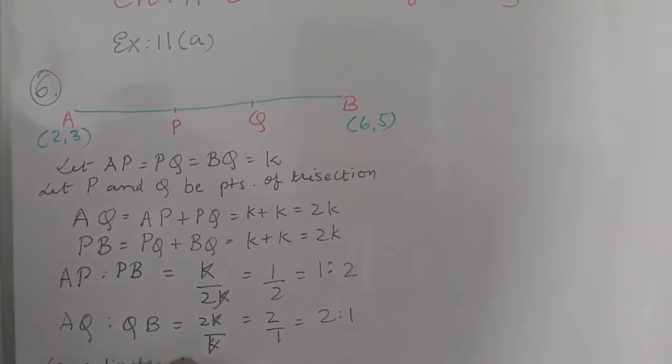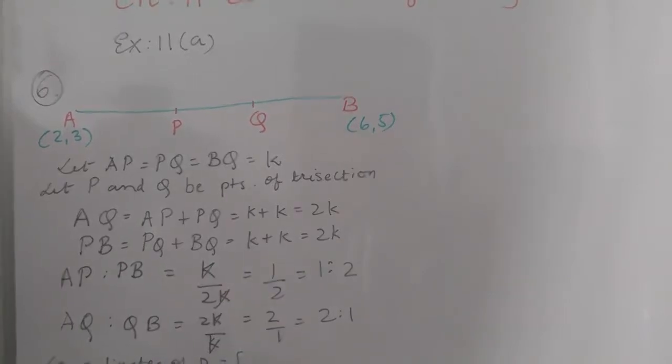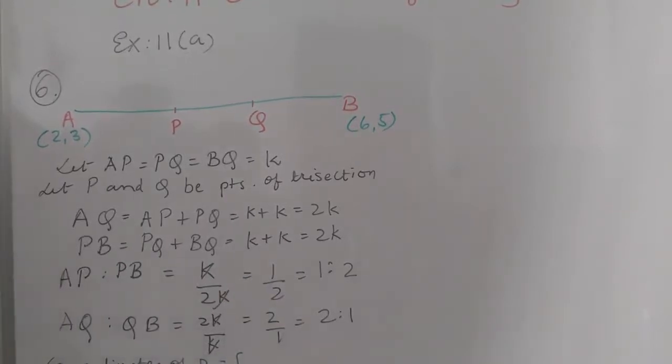Then we will now find the coordinates of P. So we all know the formula. Coordinates means x coordinate and y coordinate. So the x coordinate formula is (mx2 plus nx1) upon (m plus n), and the other is (my2 plus ny1) upon (m plus n).